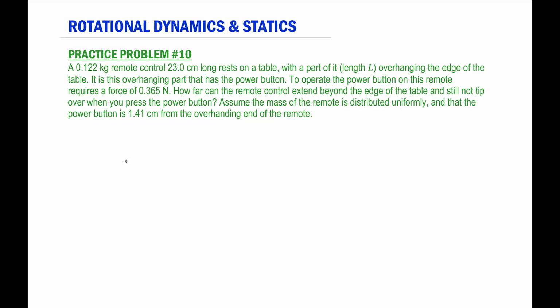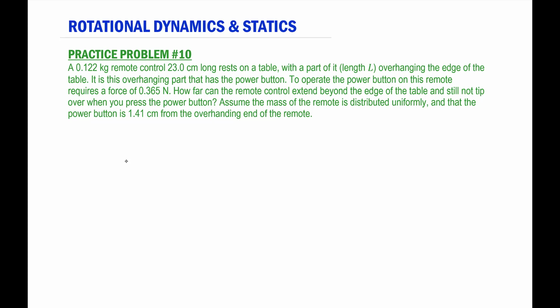So in this counterclockwise direction, we know that it's around the axis of rotation. On the right side, with F, it's opposing the motion, which means that it's going to be a negative torque. But over here, where mg is, it is along and tangential to the rotational motion, so it's positive.